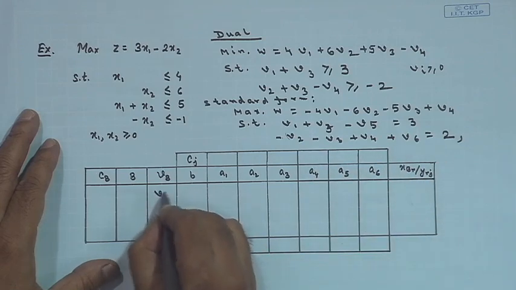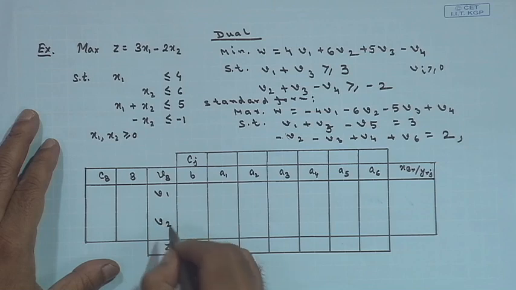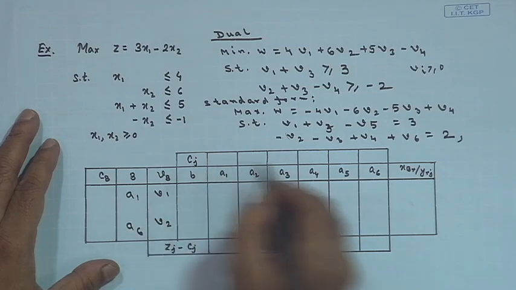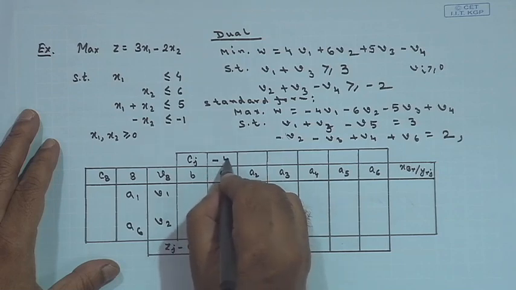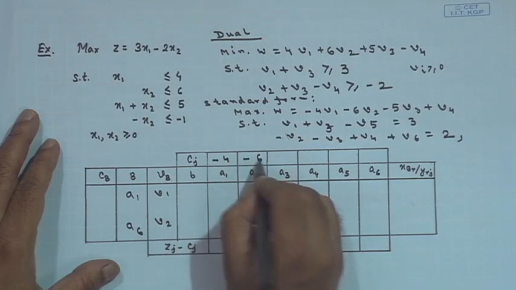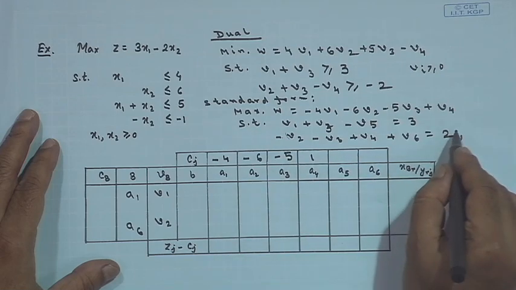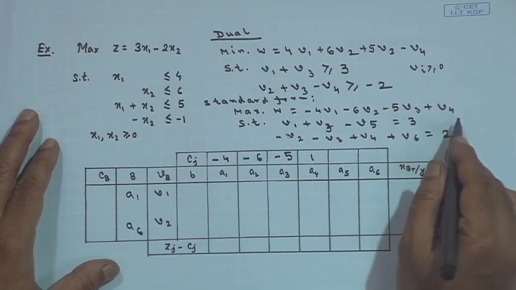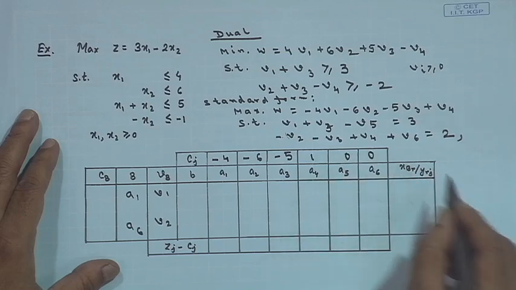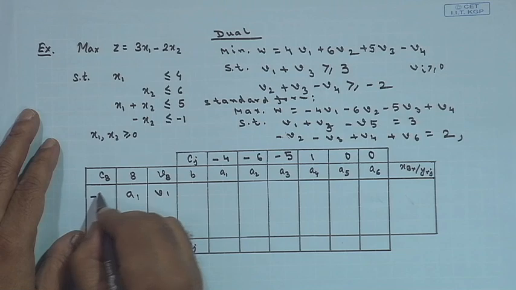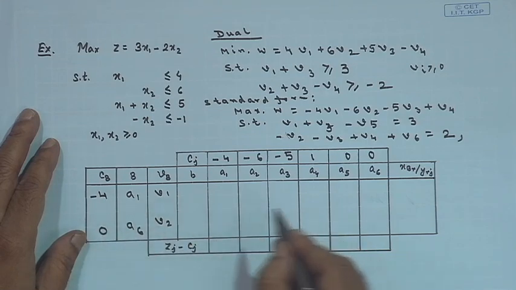So in the basis V1 and V6 will be coming, here it is A1 and A6. The coefficient values are minus 4, minus 6, minus 5, and for A4 it is 1. The other two variables are not there, so it will be 0 for V5 and V6. So your CB will be minus 4 and 0.